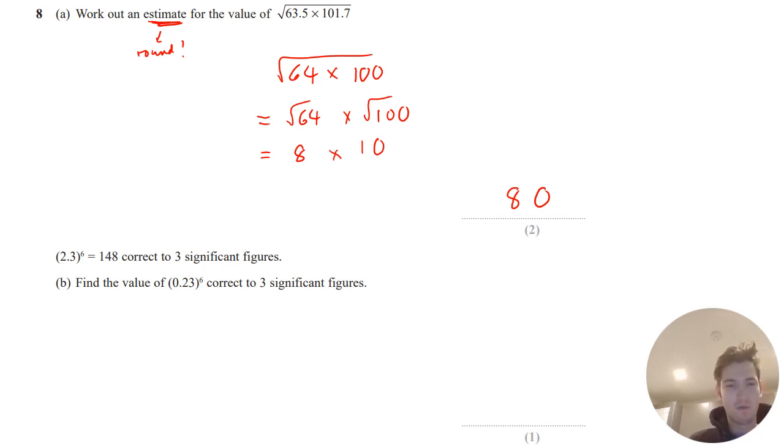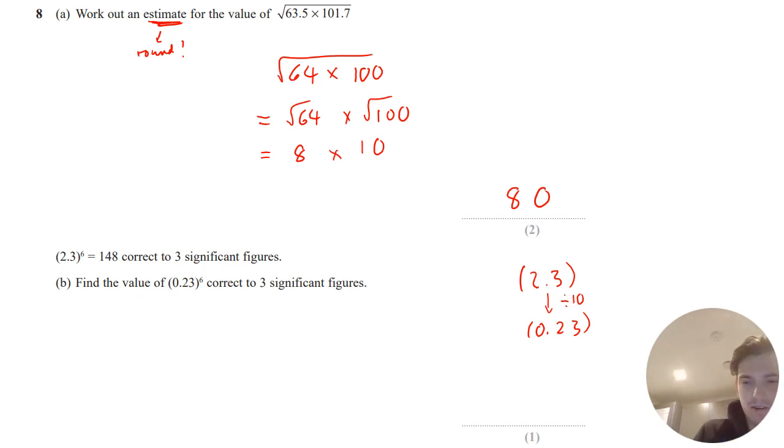Okay, well, let's think about this. If I compare 2.3 to 0.23, how do I get from 2.3 to 0.23? I'm dividing by 10. So I'm going to move the decimal point back once.